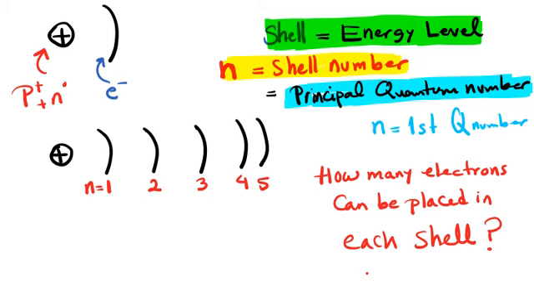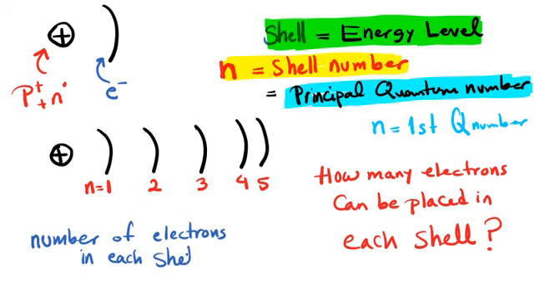The equation we need to work on is that the number of electrons in each shell comes from this equation, 2n squared. 2n squared.